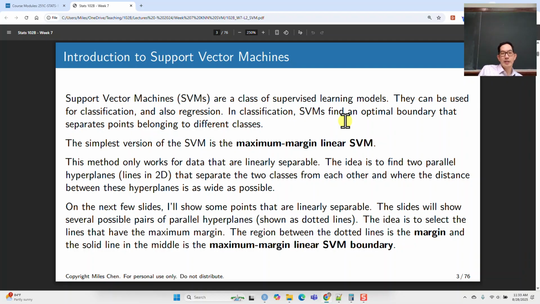And we want to separate the two classes from each other, where basically the distance from these hyperplanes is as wide as possible. So we'll start off with some data that is linearly separable, and then from there we will ask, what is the maximum margin boundary here?